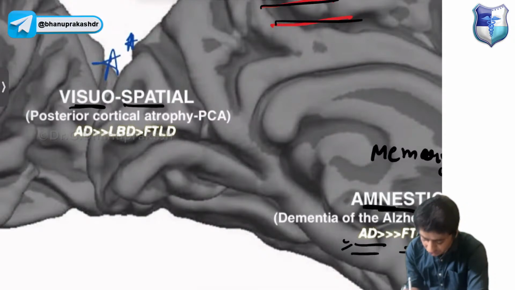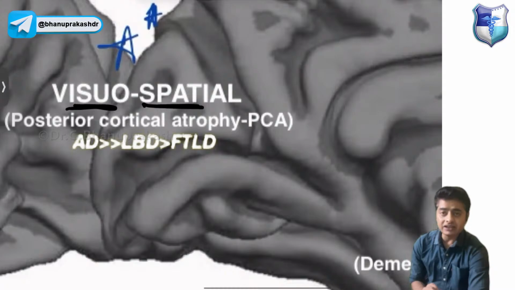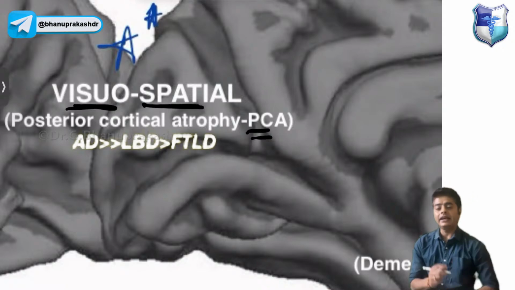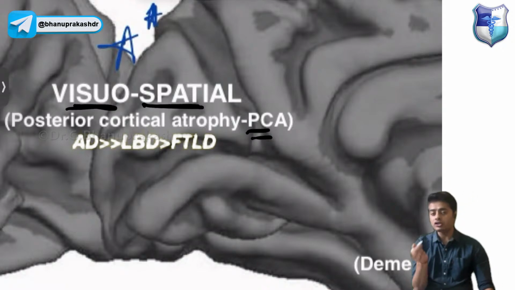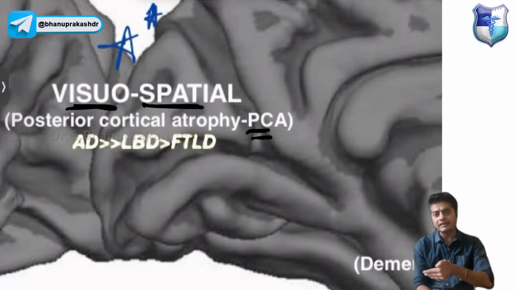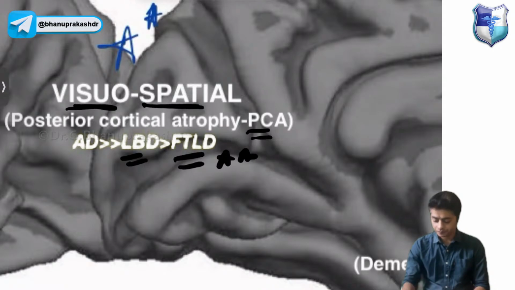Then comes your visuospatial disorientation. We have seen that there is a variant of Alzheimer disease, posterior cortical atrophy, in which there is parieto-occipital involvement. So visuospatial involvement will be first in PCA, then Alzheimer disease, then diffuse Lewy body, and last is frontotemporal lobe dementia.